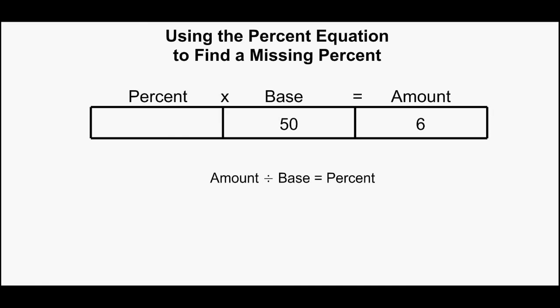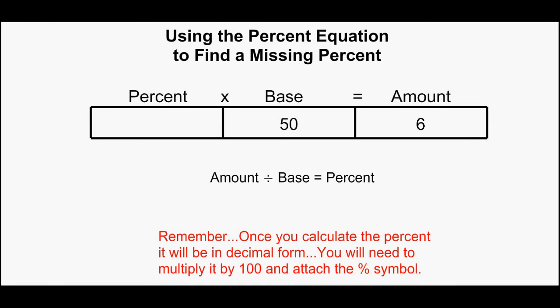We will take the amount, divide it by the base, and this will equal the percent. But remember, when you calculate the percent, it will be in decimal form. You will need to multiply it by 100 and attach the percent symbol. Let's take a look.